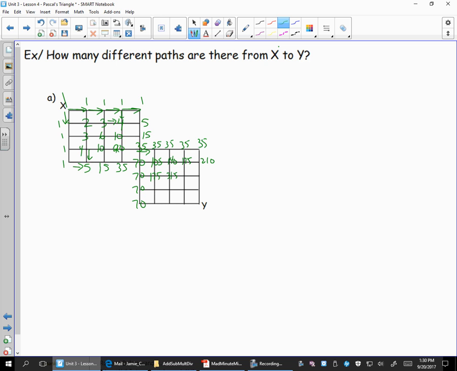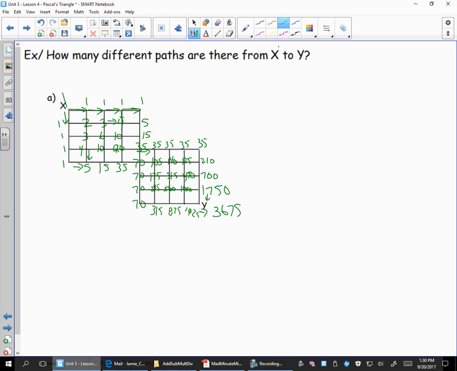We got 490, and then we got 700, 245, 560, 1050, and then the ones that really matter, the ones in the end, 1750, and 315. 875, 1025, oh sorry, 1925, and at the end, these ones plus these ones come up to 3,675 paths.